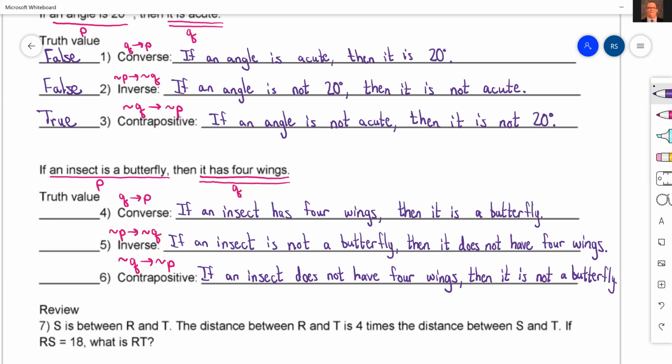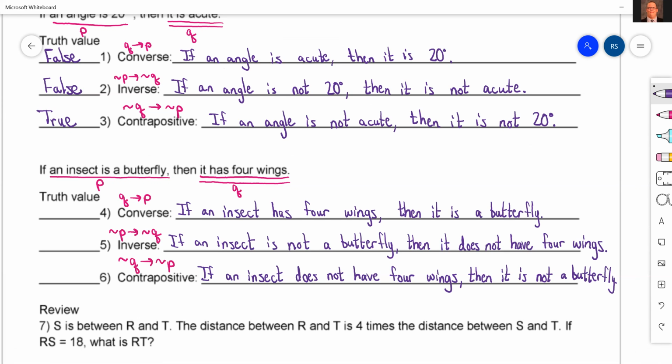Okay, so from here, we need to figure out the truth value of these. Now, I realize we're not in science, so let's just try our best to reason through. Number 4 is saying if an insect has 4 wings, then it has to be a butterfly. Does it have to be a butterfly if it has 4 wings?